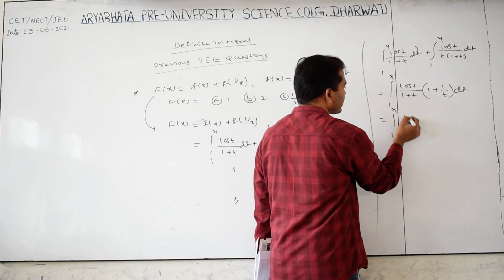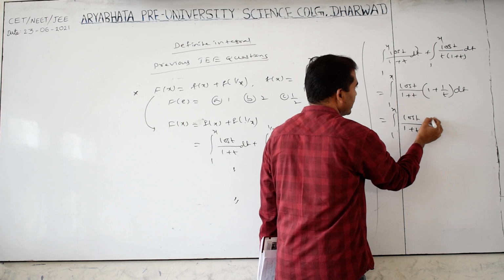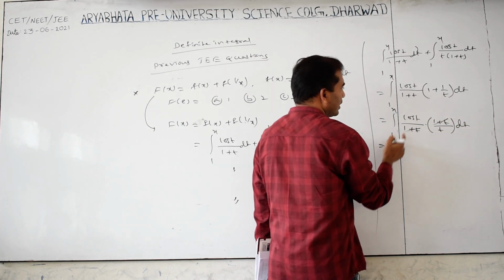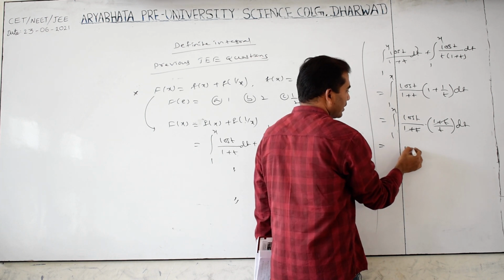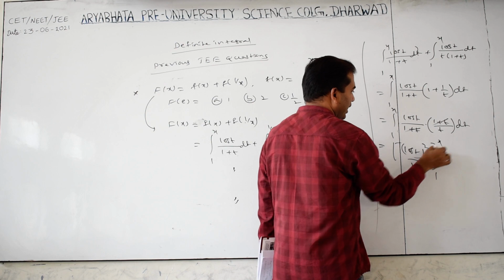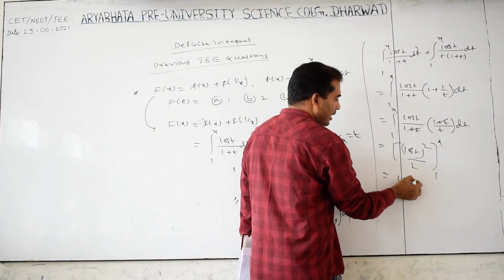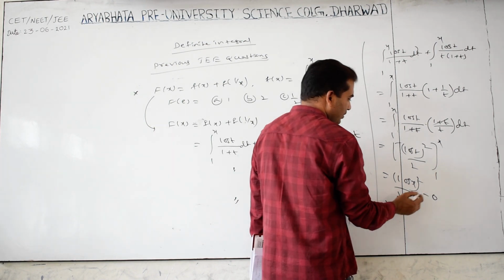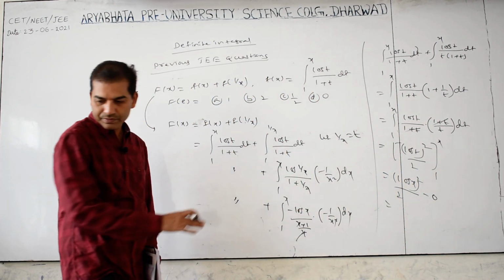Integration of 1 to x log t by 1 plus t, here 1 plus t by t into dt, gets cancelled. Log t derivative is 1 by t, then log t whole square by 2, limits 1 to x. Apply upper limit log x whole square by 2 minus lower limit log 1 is 0, this is log x whole square by 2.